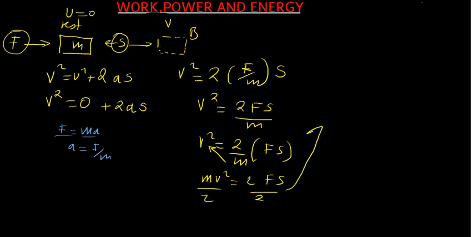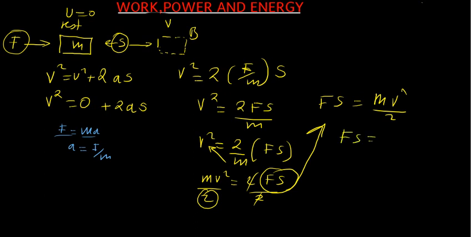Of course, the 2 is going to cancel. So that is going to give us Fs equal to m v squared over 2, which I can also write as Fs is equal to 1 over 2 times m v squared.